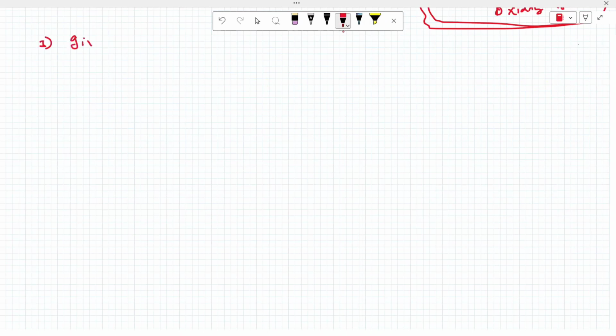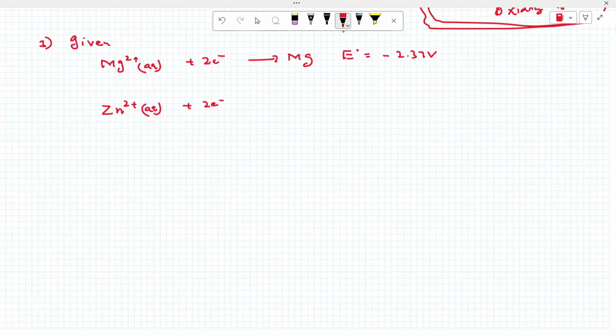Given values: magnesium 2 plus aqueous plus 2 electrons to become magnesium. The E naught value is minus 2.37 volt. Second, Zn2 plus aqueous plus 2 electrons gives Zn. The E naught value is around minus 0.76 volt.